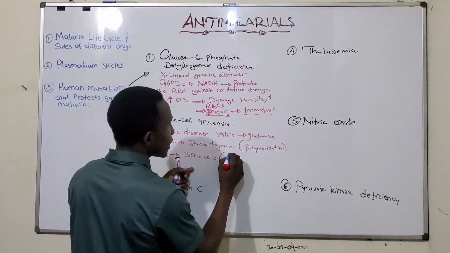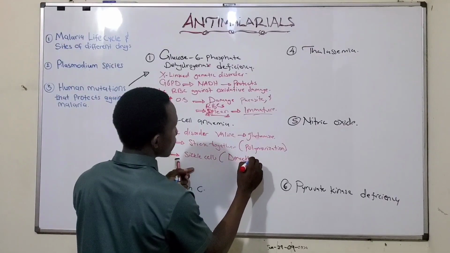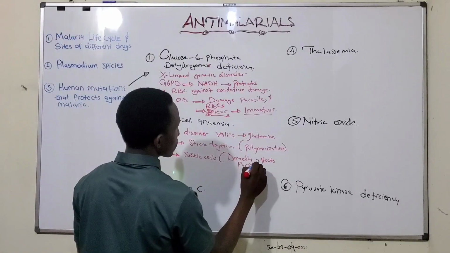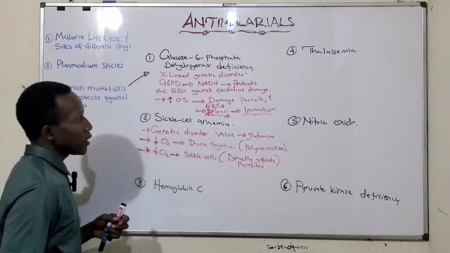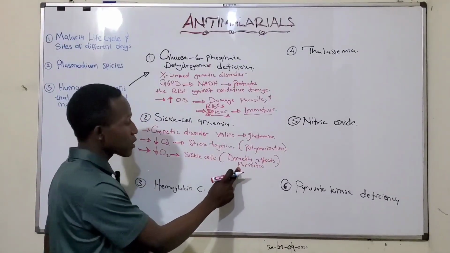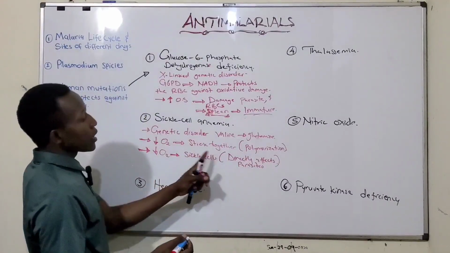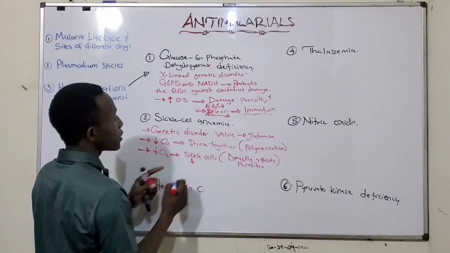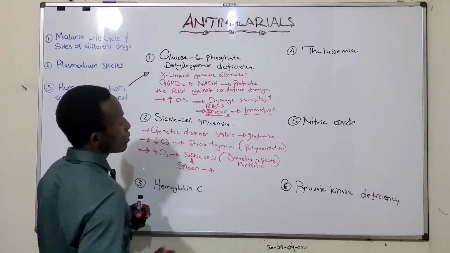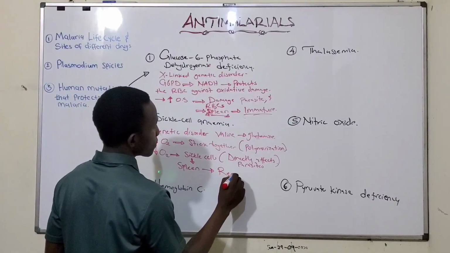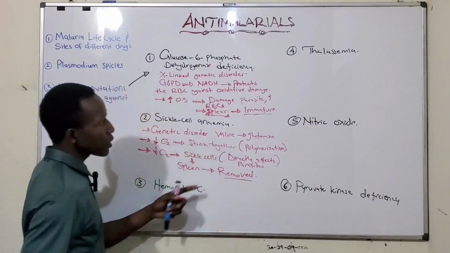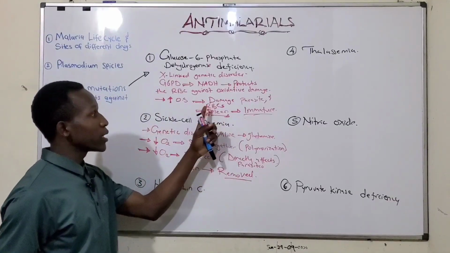And this directly affects the parasites. If it affects the parasites directly, it means the parasite load will reduce. And again, these cells are easily detected by the spleen, so they will be removed by the spleen. And this decreases the parasite load again.